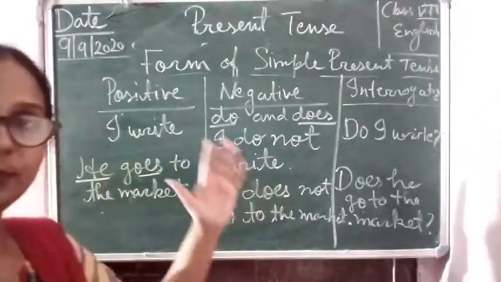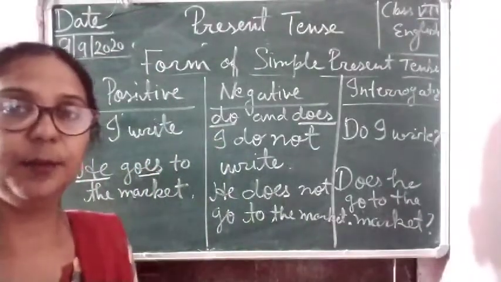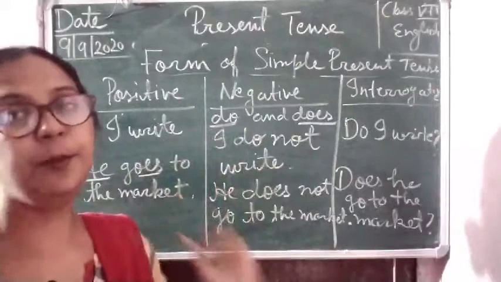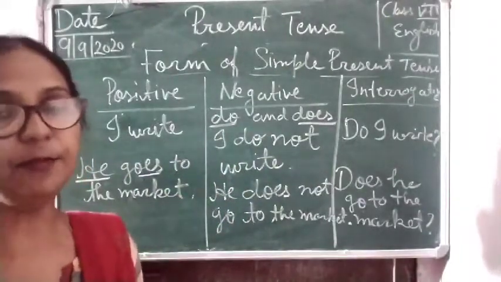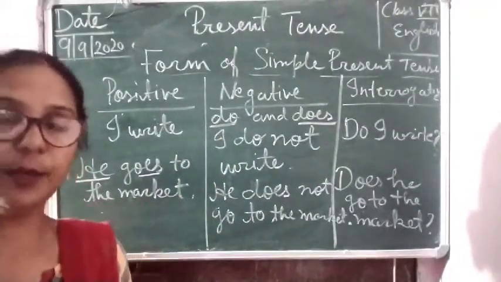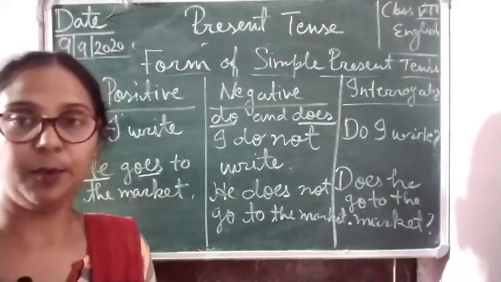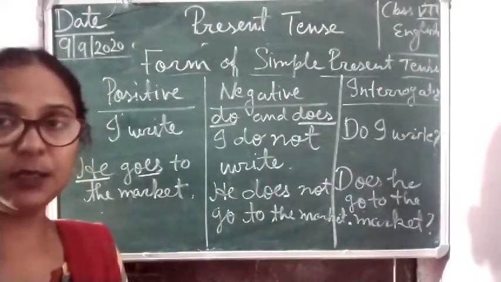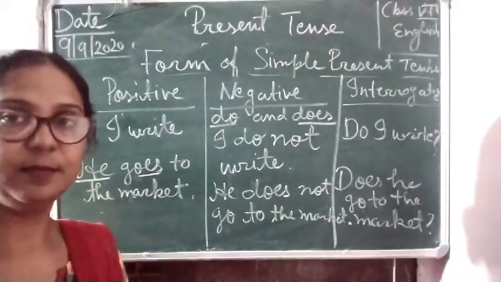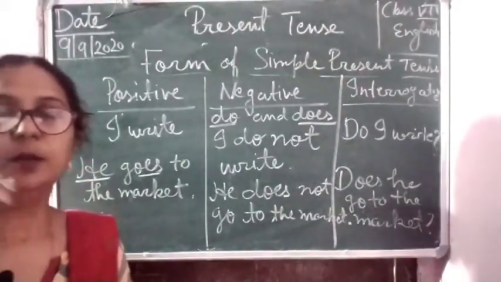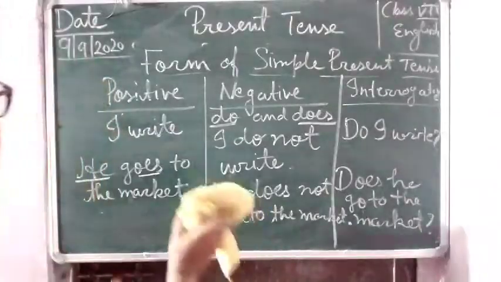So note it down, because these are the forms of simple present tense. After that we are going to solve some exercises given in your grammar book on the basis of that. Now we are going to complete exercise number C.